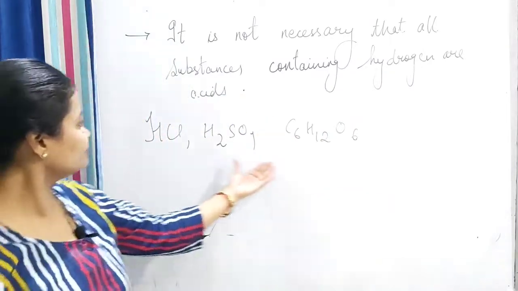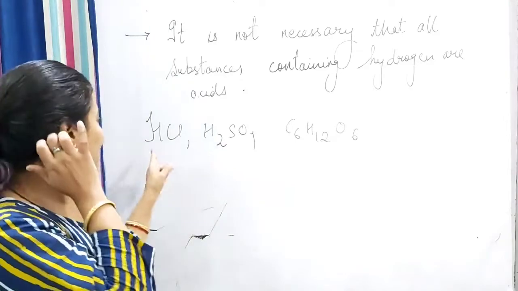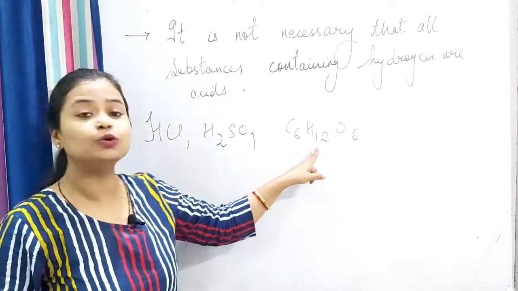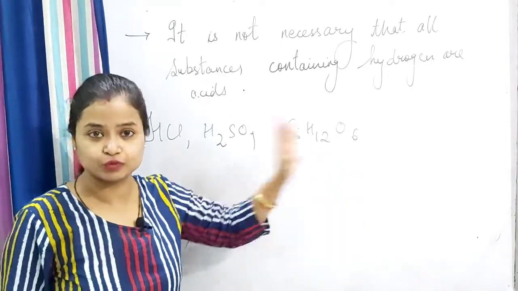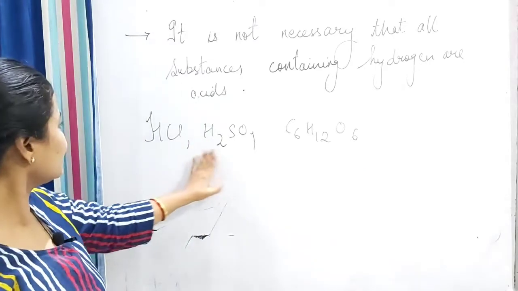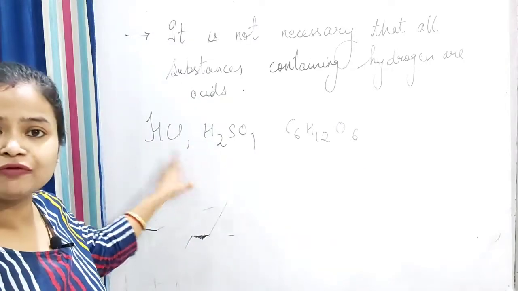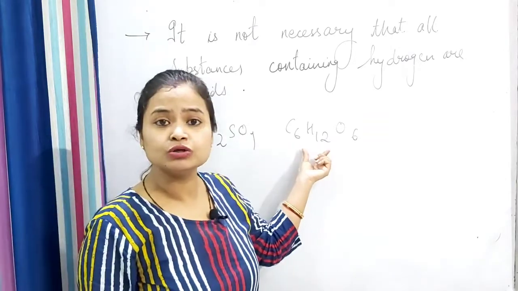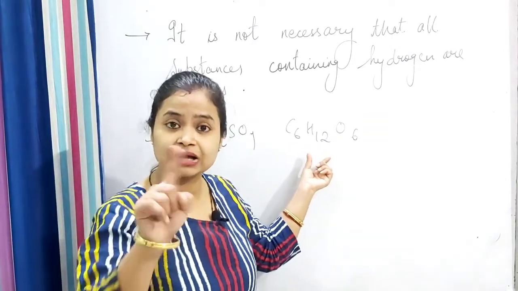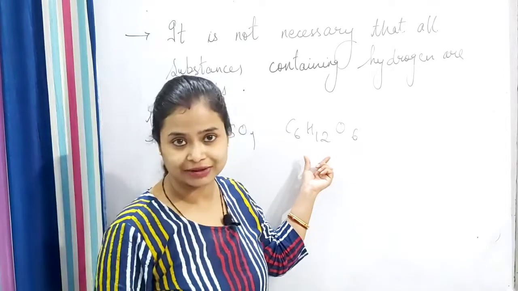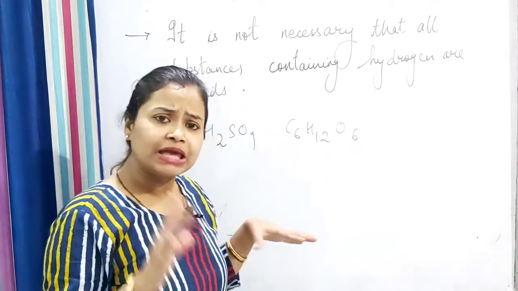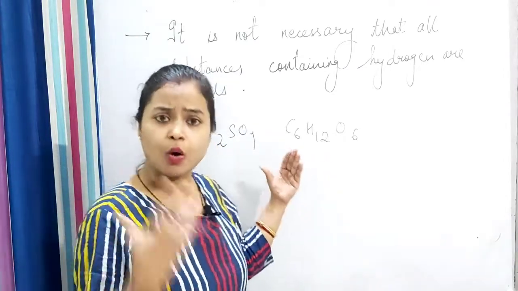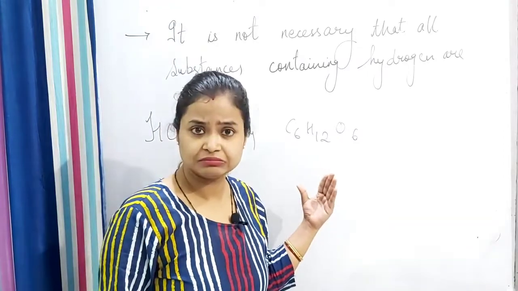I have taken here 3 substances: HCl, H2SO4 and glucose, C6H12O6. HCl and H2SO4 consist of 1 and 2 hydrogen atoms, whereas glucose consists of 12 hydrogen atoms. So is glucose also an acid?